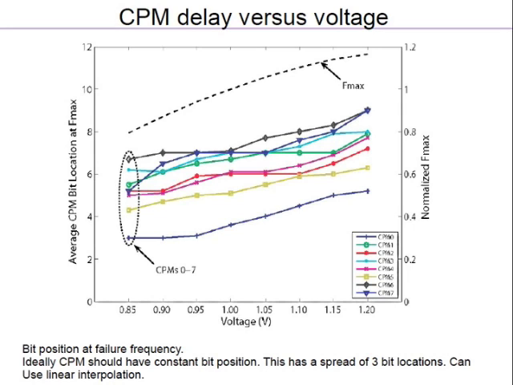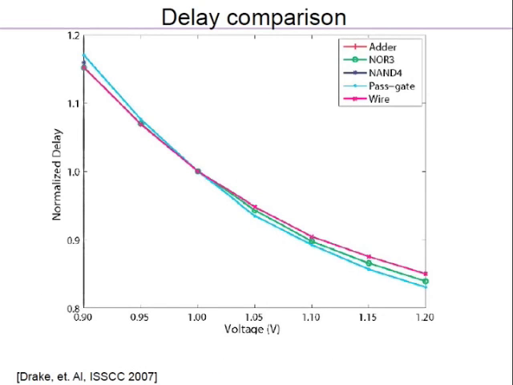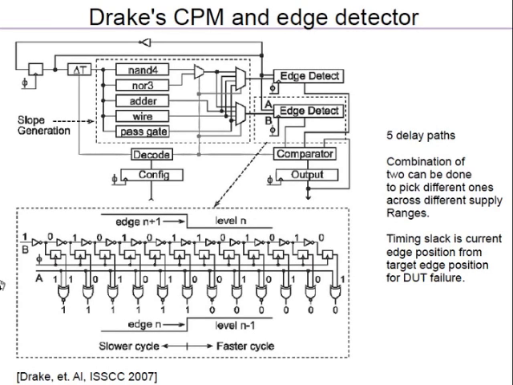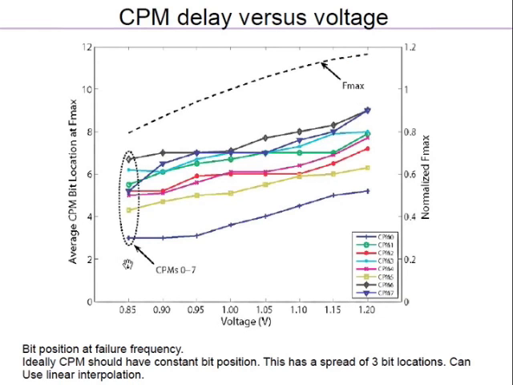It means when I have my capturing edge, how far into the delay line chain have I propagated, how many bits. Each flop is a bit, so how many bits in have I come. Different ones come into different bit levels, and the bit positions are also a little different across the different voltages.